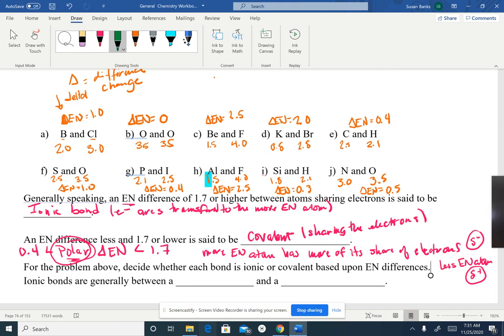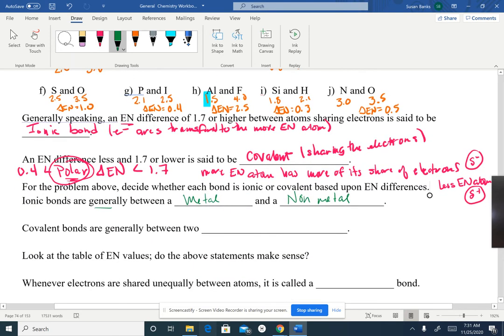Ionic bonds, just to give you a heads up, are generally between a metal and a non-metal. Covalent bonds, on the other hand, are generally between two non-metals.